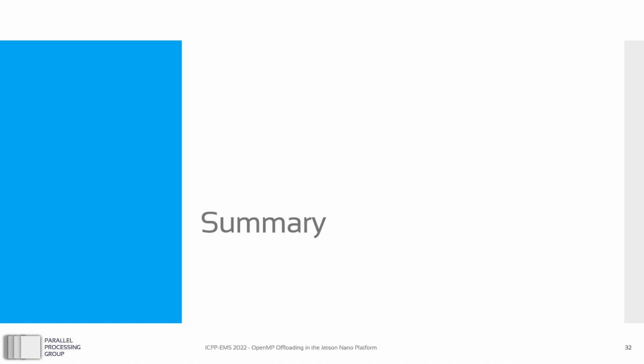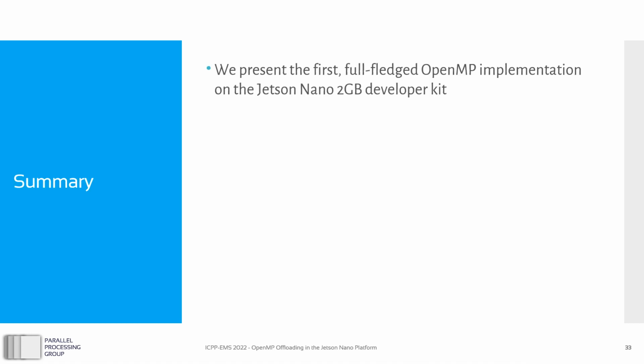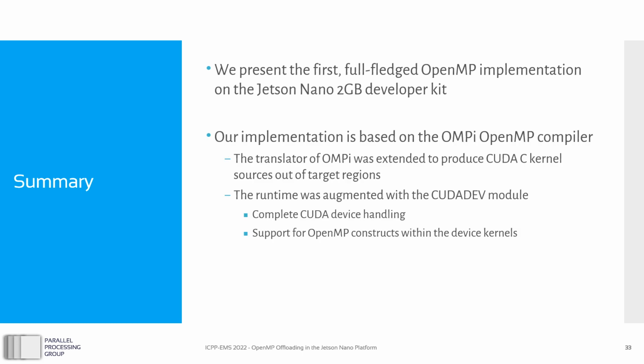Now a summary. We present the first full-fledged OpenMP implementation on the Jetson Nano 2GB developer kit. Our implementation is based on the OMP compiler. First of all, the translator part of OMP was extended in order to support CUDA-C kernel sources.